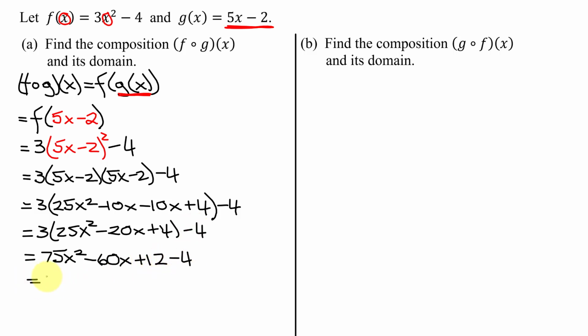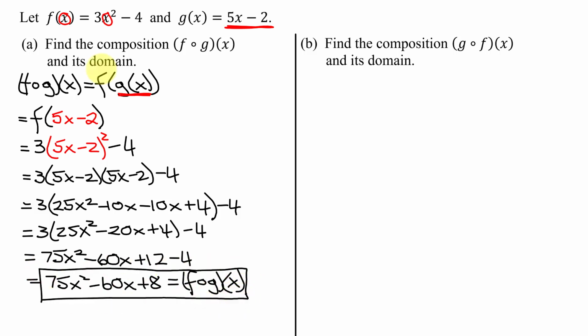So what does that give me? 75x squared minus 60x. 12 minus 4 is plus 8. So that is the definition of our new function f composed with g of x.